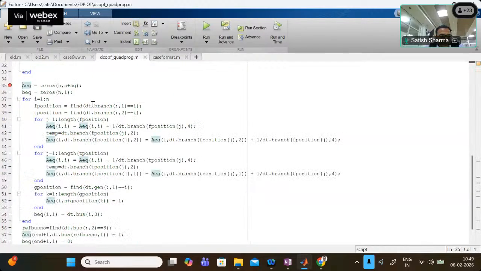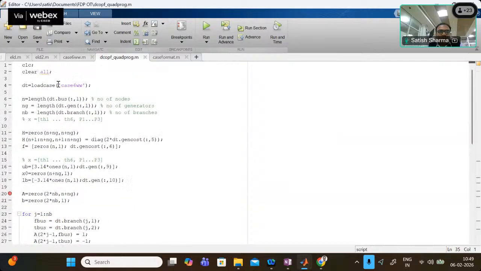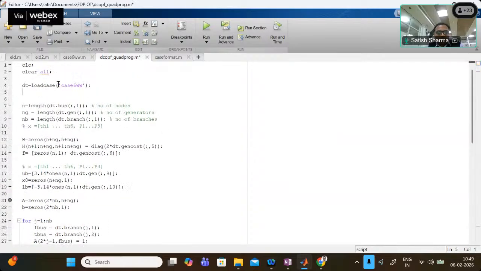What I will do is, as soon as I load this particular case, I should convert all of these values into per unit.